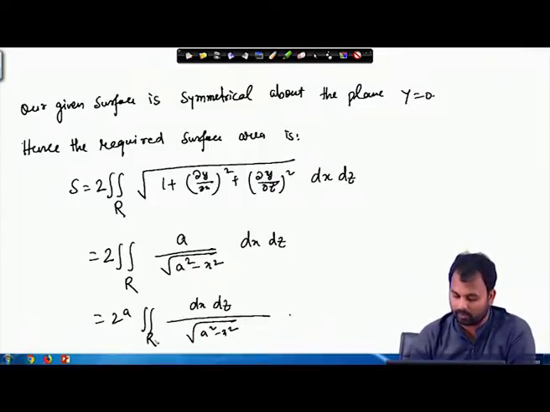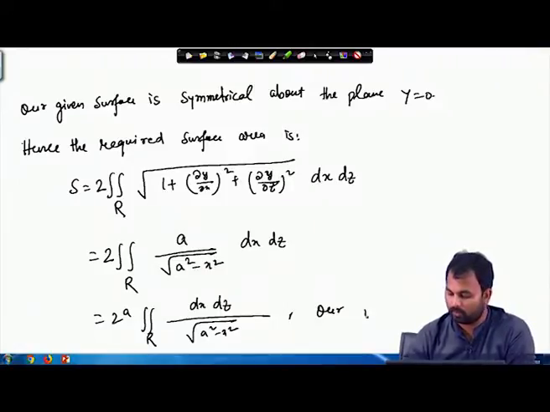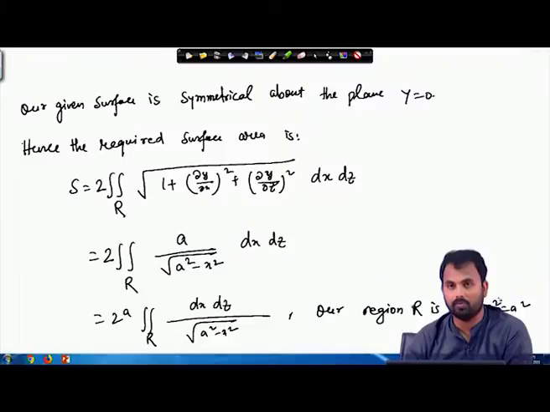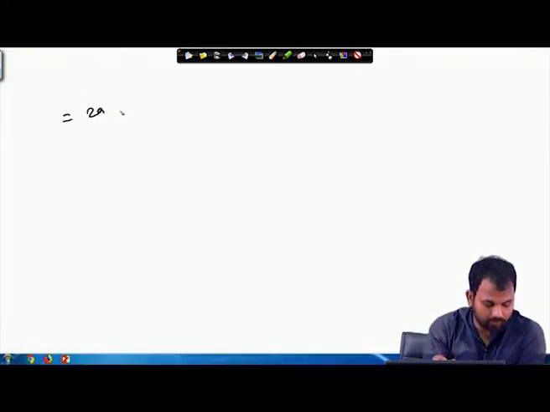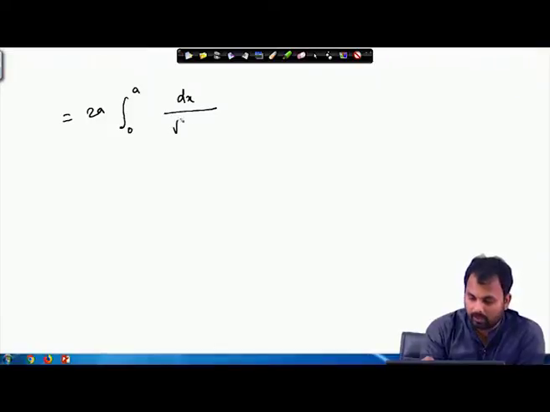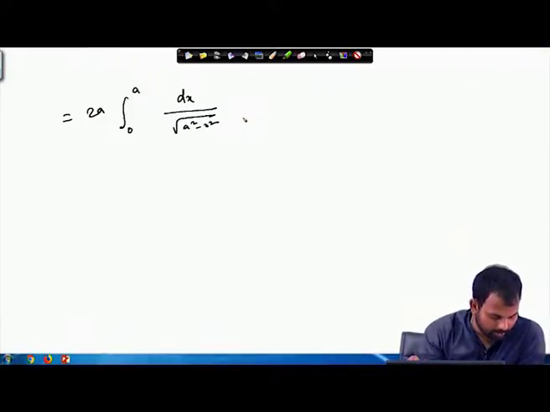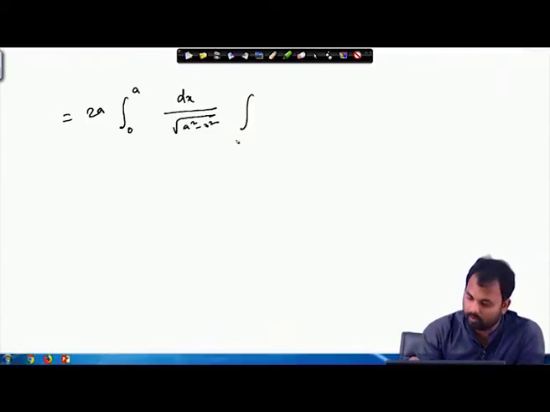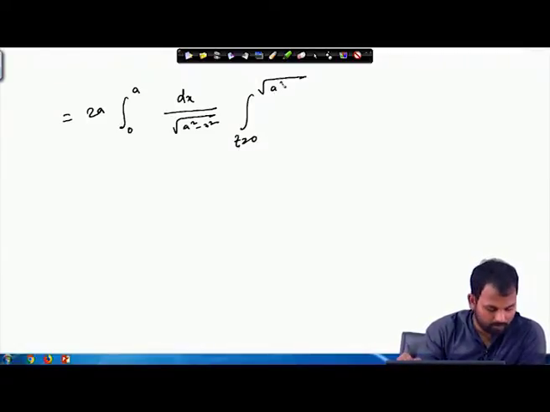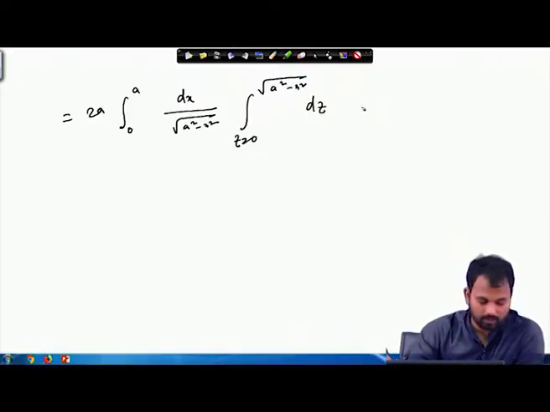Our region R is this one, and this can be written as the integral from 0 to a dx by square root of a square minus x square, and the range for z will be 0 to square root of a square minus x square, dz.